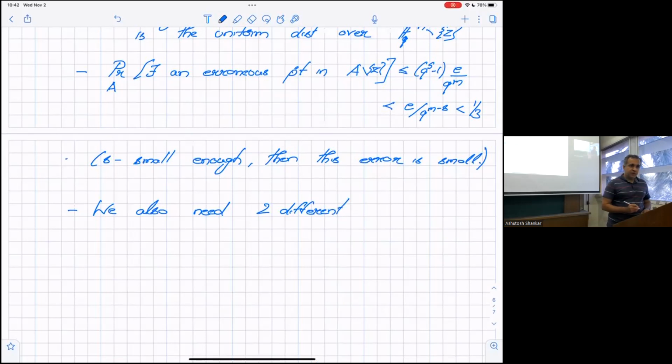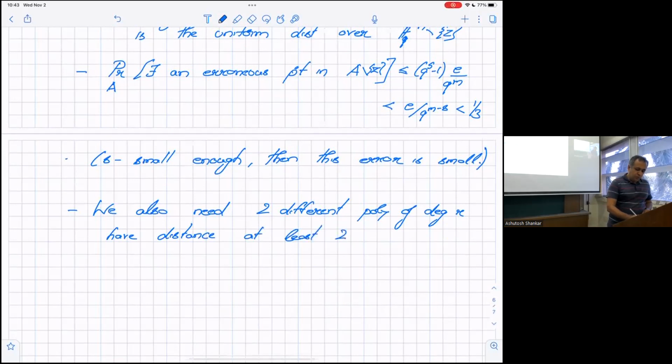We also need two different polynomials of degree R to have distance at least 2 over F_q to the S.